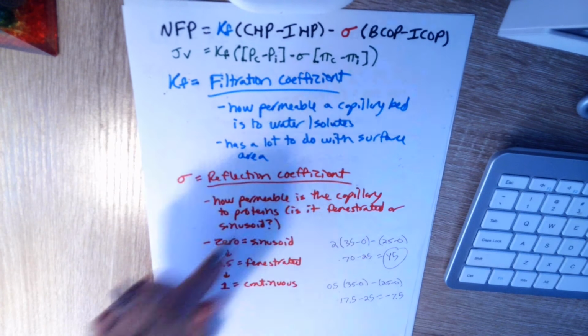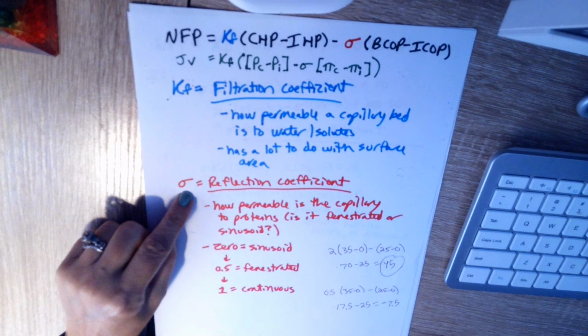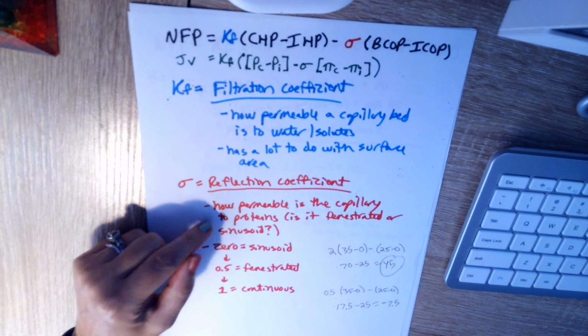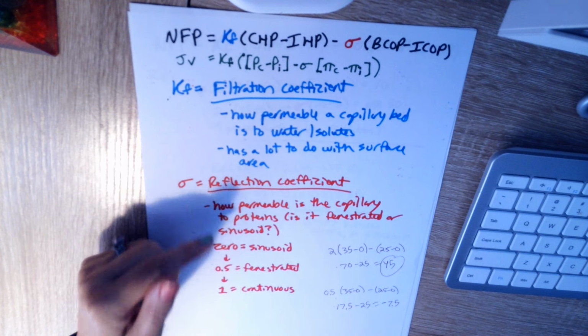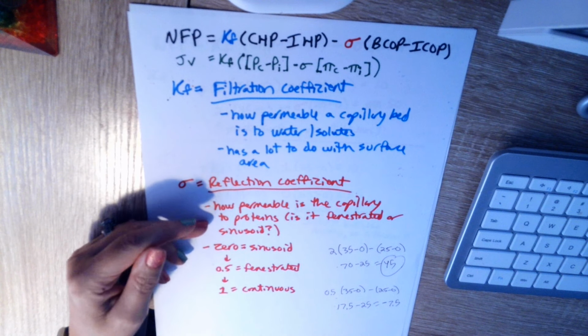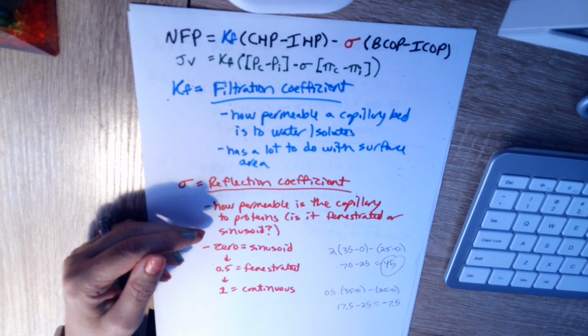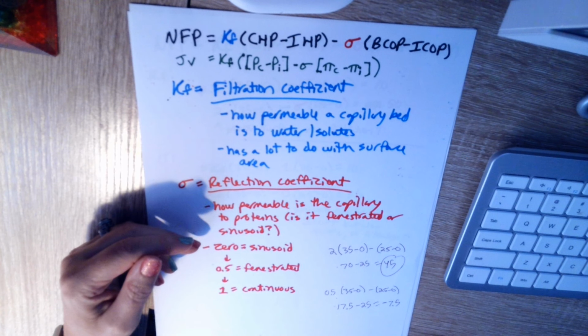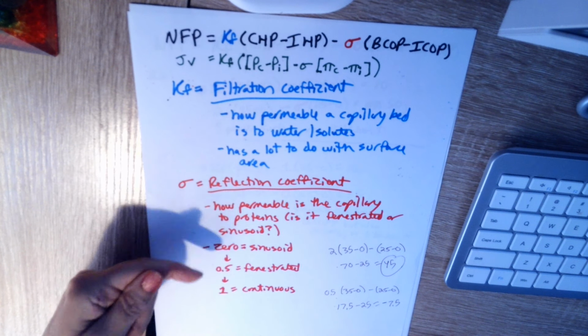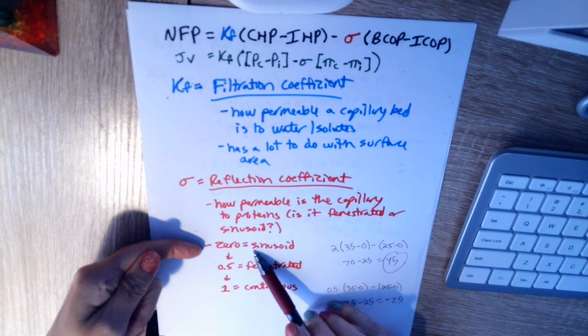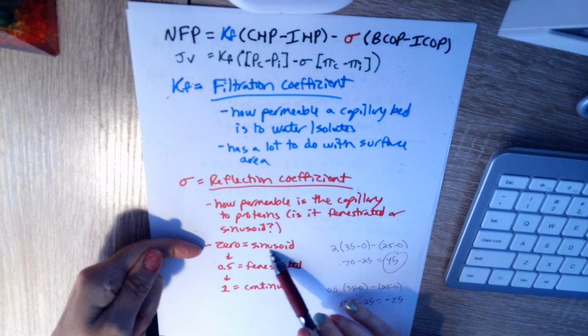Now this thing over here is called the reflection coefficient, and it has to do with how permeable the capillary is to proteins. And this is all really having to do with whether the capillary is a continuous capillary, or if it's fenestrated, or if it's a sinusoid capillary. Now if it's a low number, if it's a 0, that means it's a sinusoid capillary.